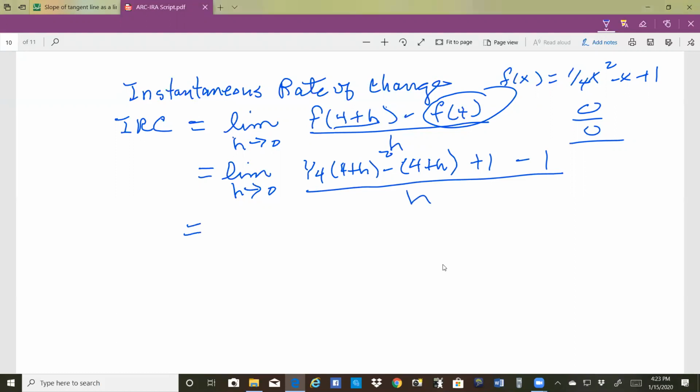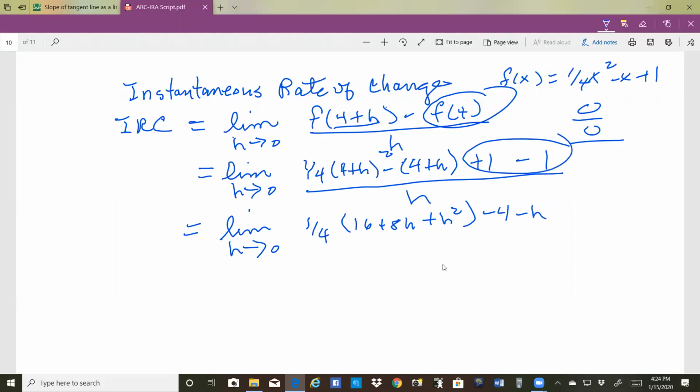And this is equal to the limit as h approaches 0 of 1/4 x squared, which is 16 plus 8h plus h squared minus 4 minus h. 1 and minus 1 is 0. And then we divide this by h.